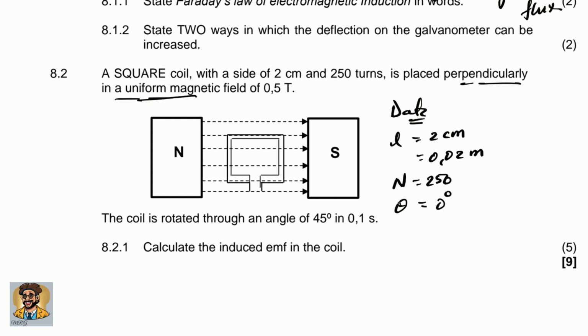Now the magnetic field is constant, it does not change, so the magnetic field is equal to 0.5 Tesla. The coil is rotating, so the final angle is equal to 45 degrees, and the time for this to happen is 0.1 second. This is the data, and it could be tricky.